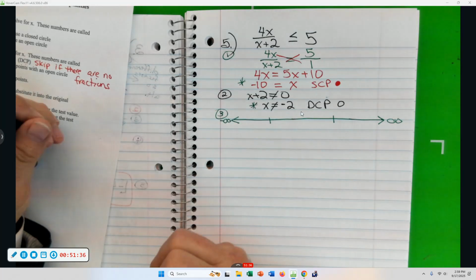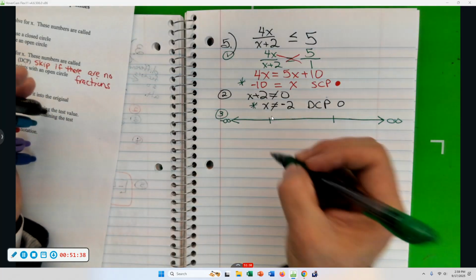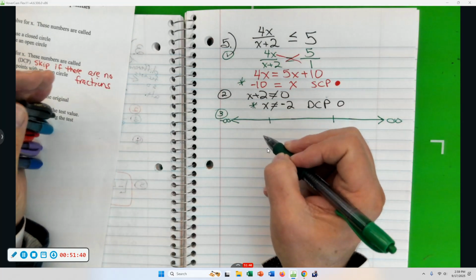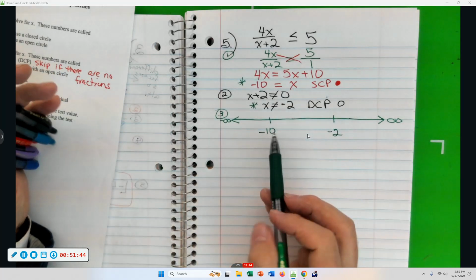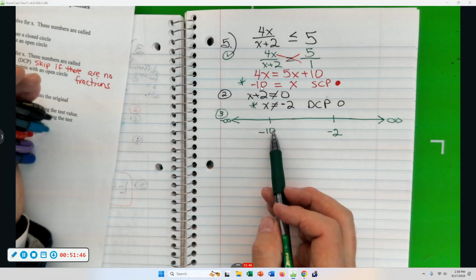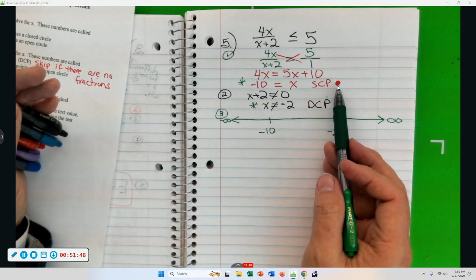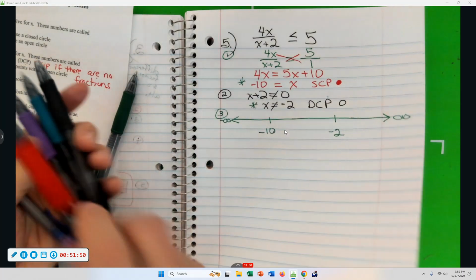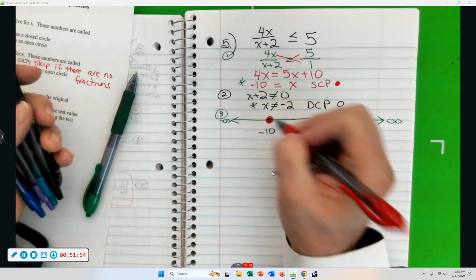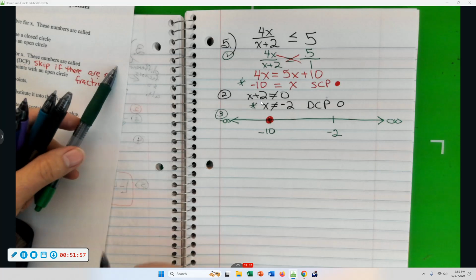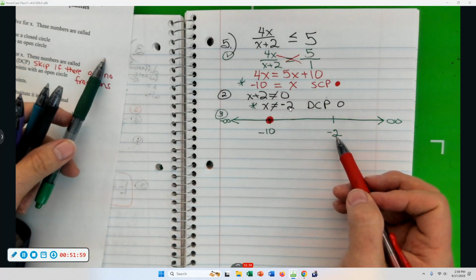Which one's smaller? Remember, the smaller one needs to go to the left. -10 is smaller than -2. Now, -10, how did I say we would label it? Closed circle, okay.